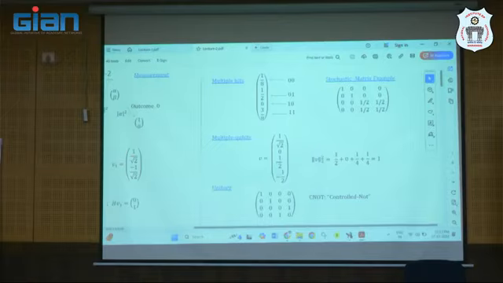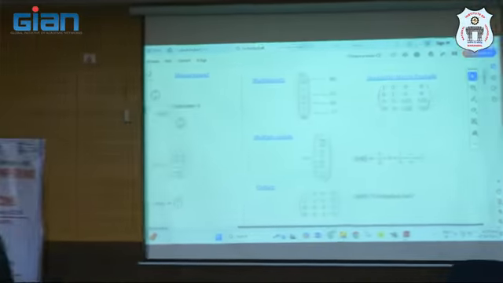Can we say every permutation matrix is a CNOT? Every permutation matrix is a unitary matrix, but it may not be an involutory matrix. What is involutory?